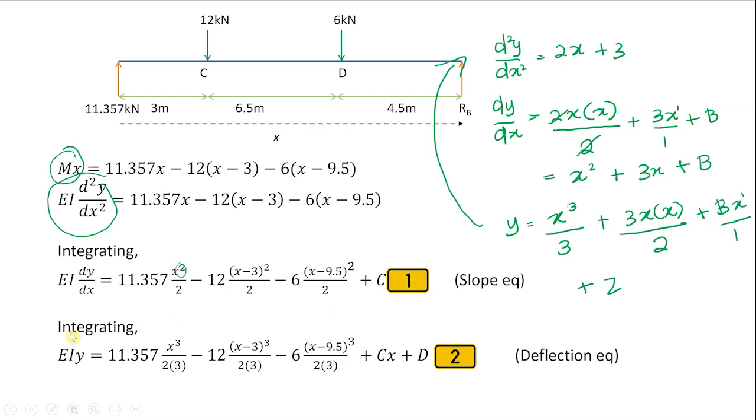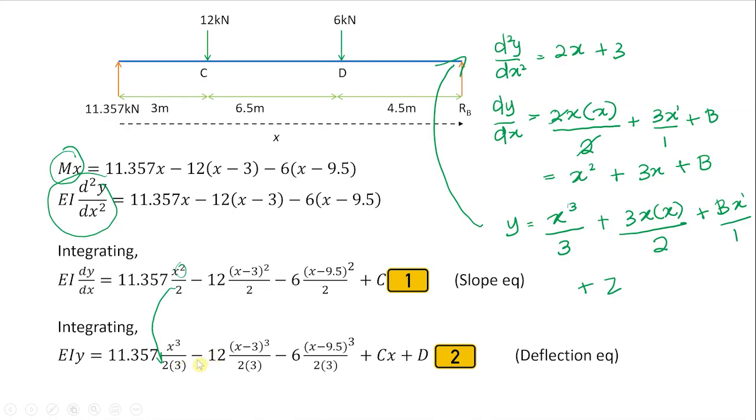And then we integrate it another time to get the deflection equation. So dy over dx becomes just y here, because we have integrated it. And then 11.357: x squared in dy over dx multiplied by x becomes x cubed, and the 3 goes below. The 2 still exists because we didn't simplify, but it must also be multiplied by 3 in the bracket.